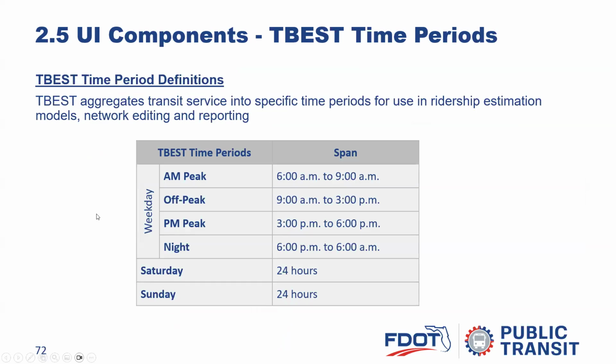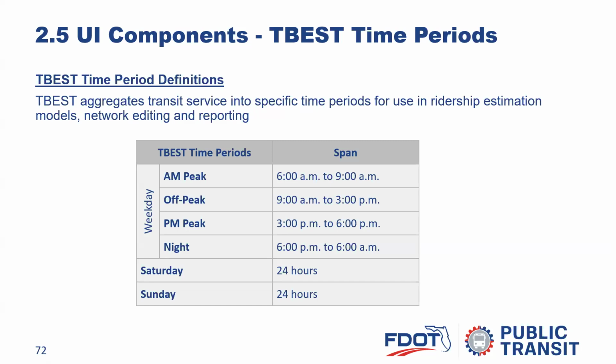Okay, so we haven't talked too much about how TBEST manages information by time period, because whenever we're estimating ridership, one of the main components is that we're doing it by time of day. So we have to define what the time of day means. The definitions that we have in TBEST for the weekday are AM peak, off peak, PM peak, and night.